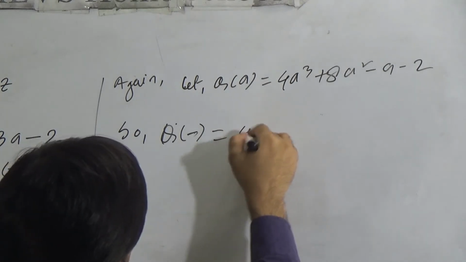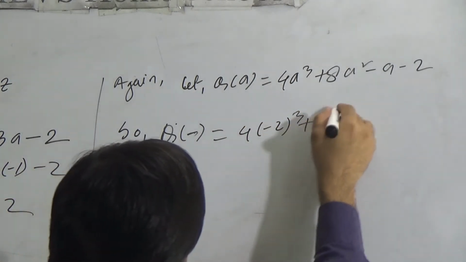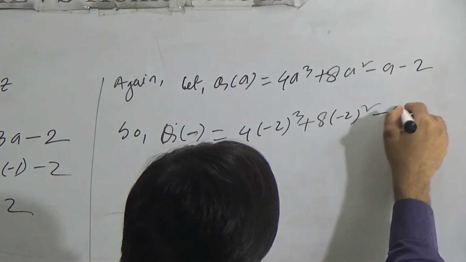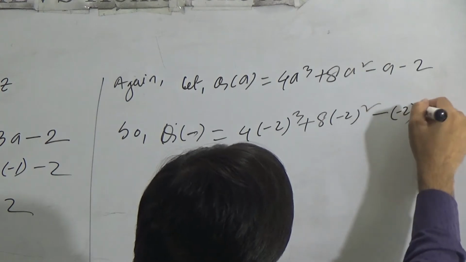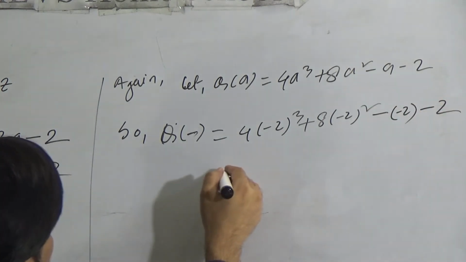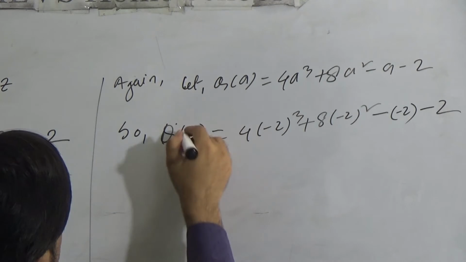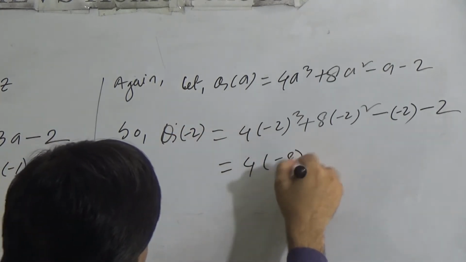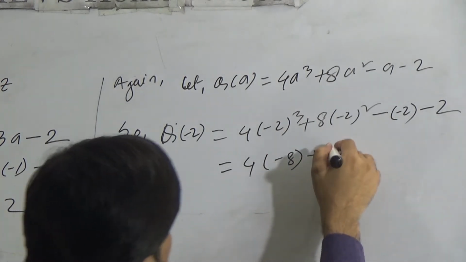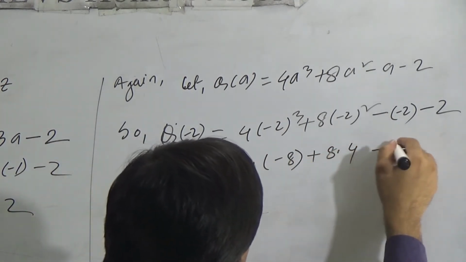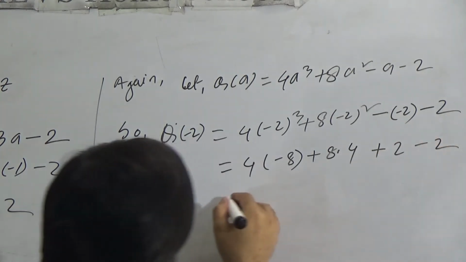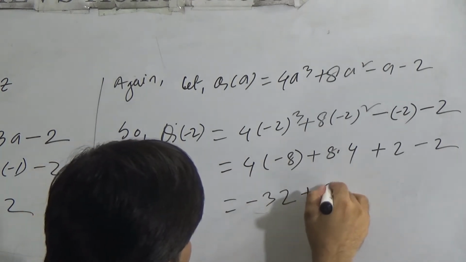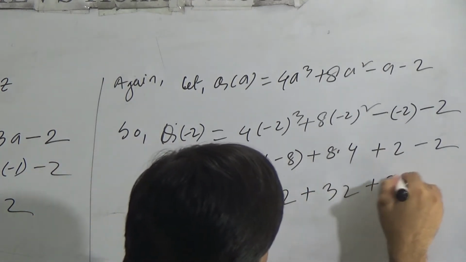This will be 4 into minus 2 whole cube plus 8 into minus 2 whole square minus into minus 2, minus 2. So if we consider minus 2, we can write 4 into minus 8 plus 8 into 4 plus 2 minus 2. So we'll get minus 32 plus 32 plus 2 minus 2.